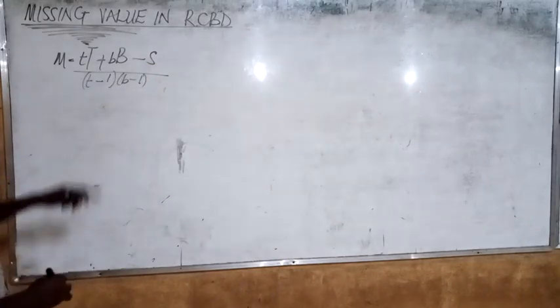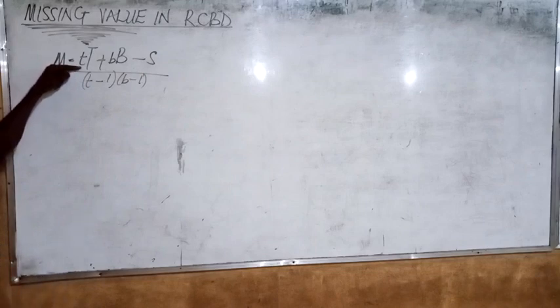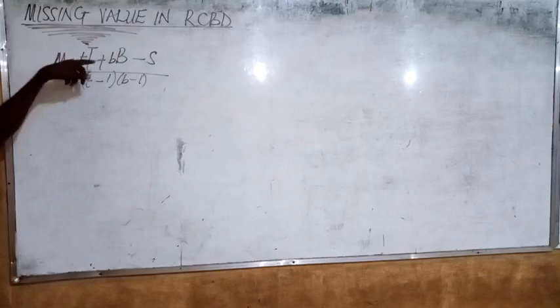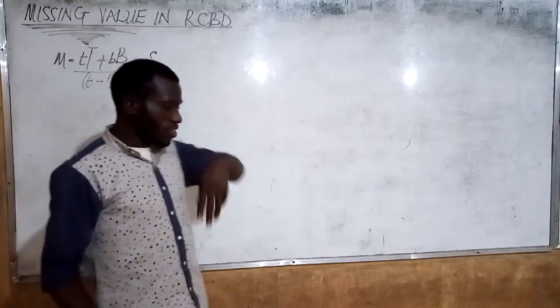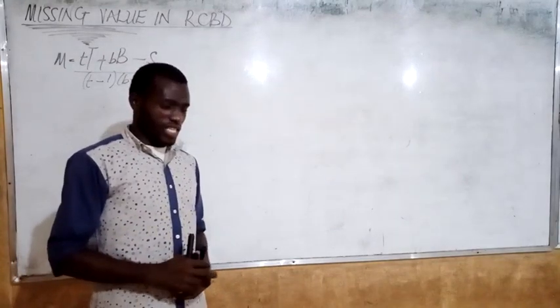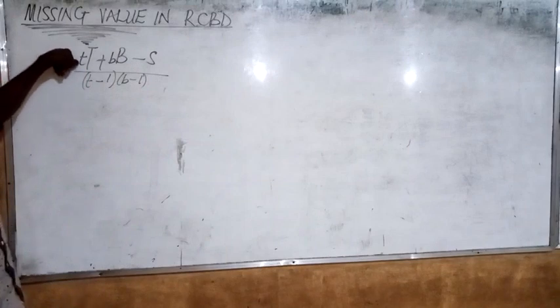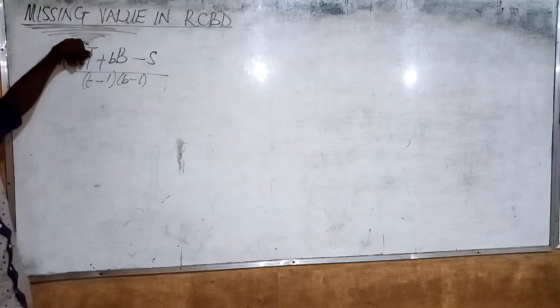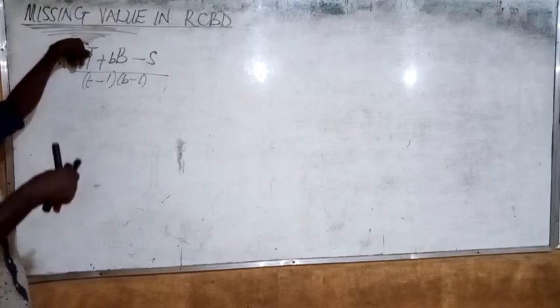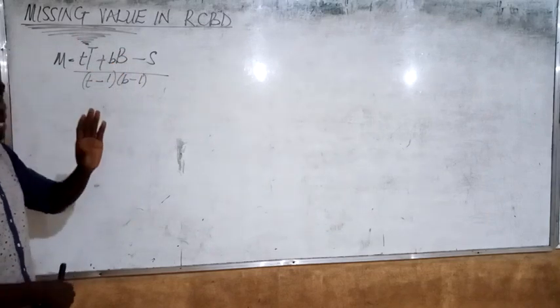Now what is this saying? It is saying that the number of treatments that you have in your observation times the treatment. It's just like an average. We are multiplying how many treatments we have by the sum of the treatment. This big T represents the sum of treatments in the same treatment series as the missing value.